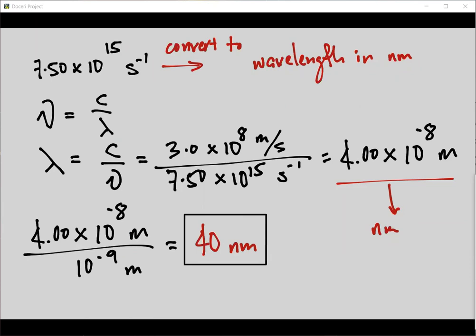If you want to see how energy is converted to wavelength, we can look at another example as well. All right, so let's say that I have energy here. Energy is, let's say, 6.00 times 10 to the negative 15 joules.